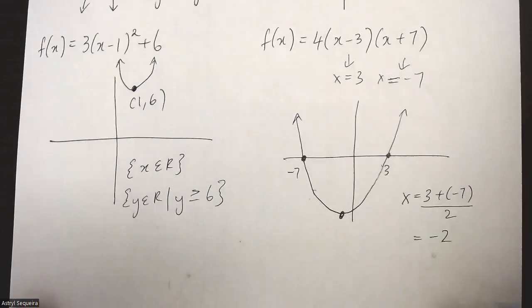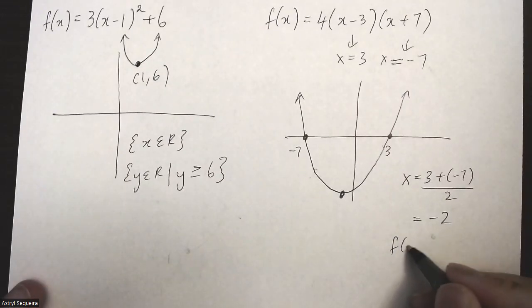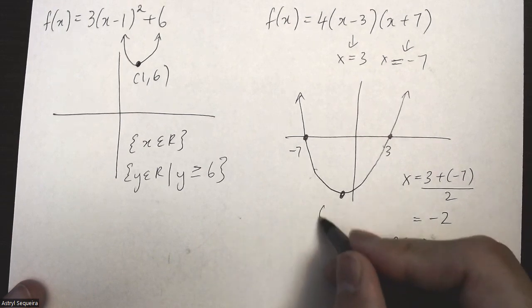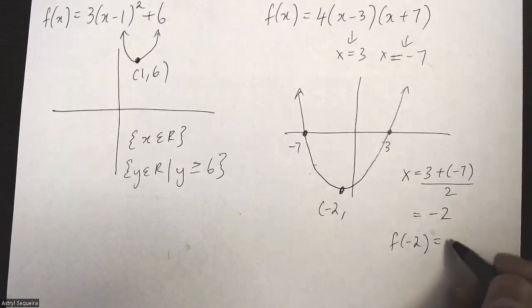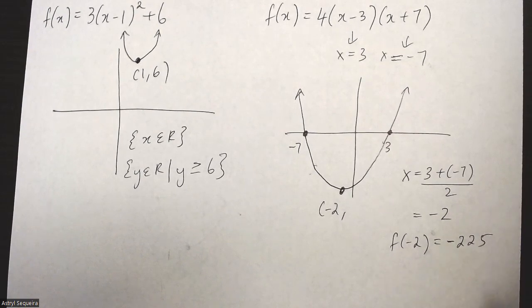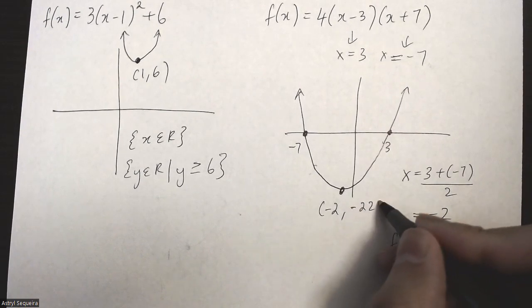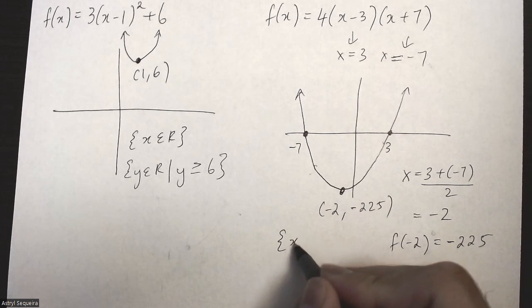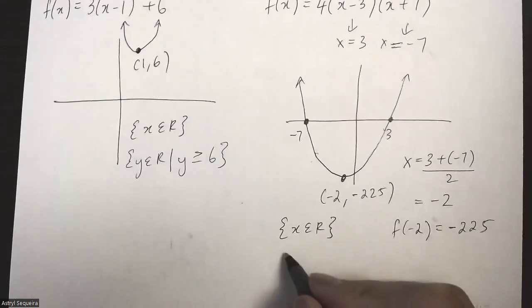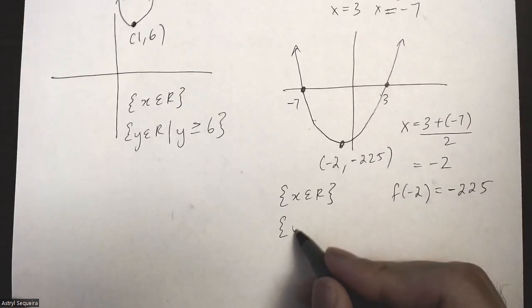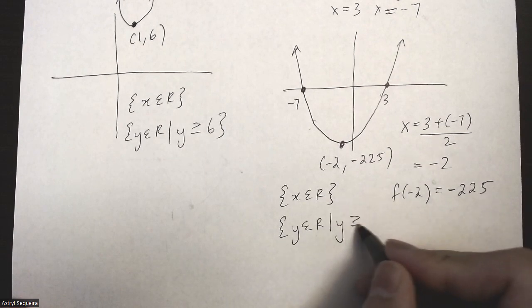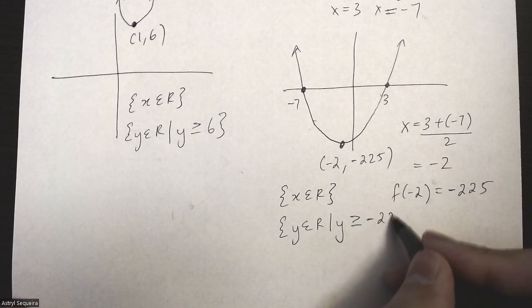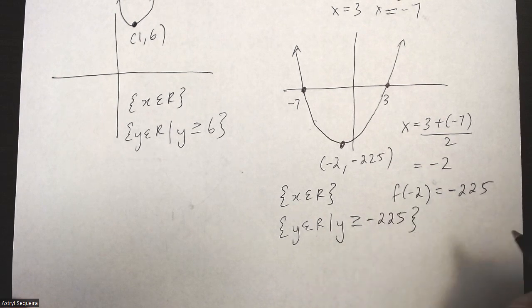It's just -2. Then I'll do f of -2 to find the y value of the vertex, which is just -225. So my domain is x is an element of all real numbers, and my range is just y is an element of all real numbers, such that y is greater than or equal to -225.